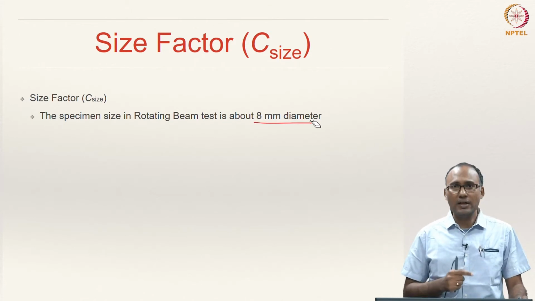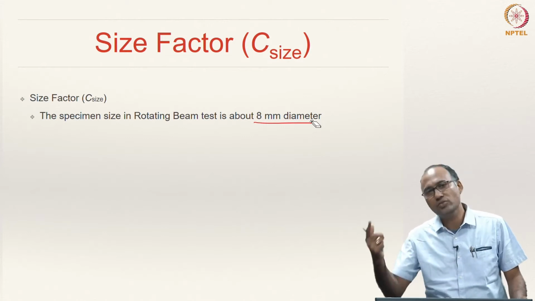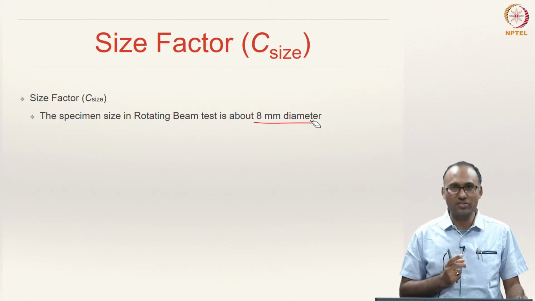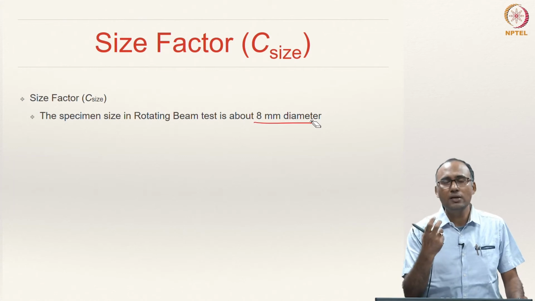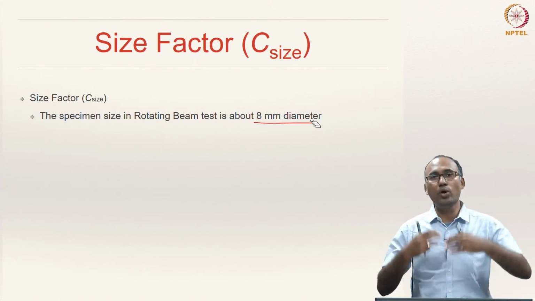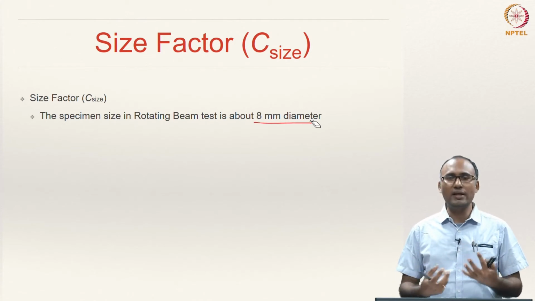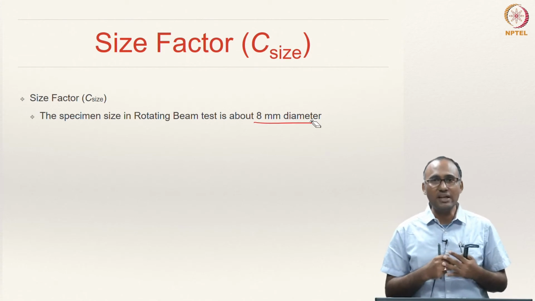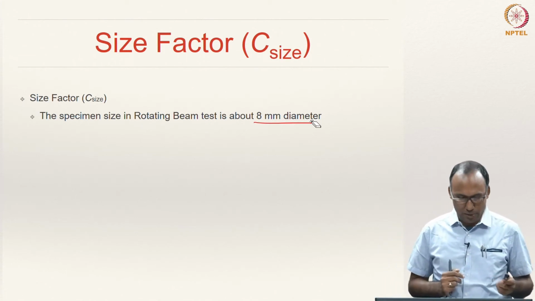However, the real life scenario uses different sizes of the components. The component size need not be 8 mm all the time, but if you have a larger size, you know that the larger size is expected to have more number of cracks compared to the smaller one, and hence the failure phenomena is not going to be the same as the 8 mm diameter size, and hence you need to account for this difference in size when compared to the rotating beam bending test.